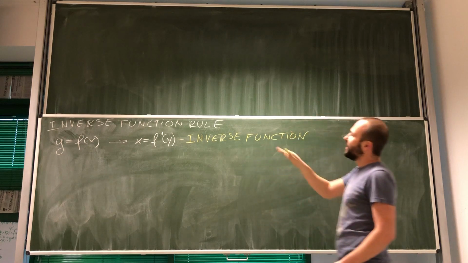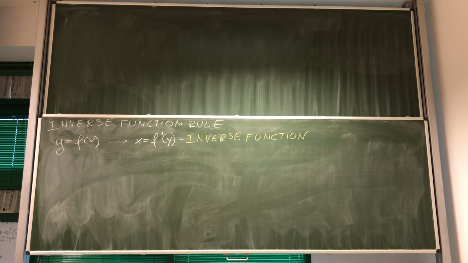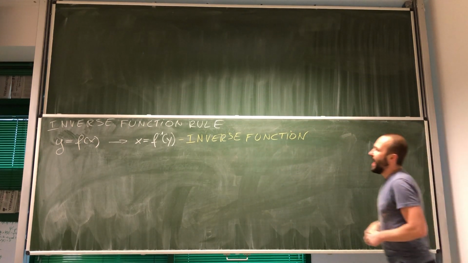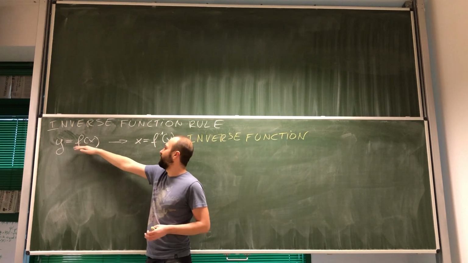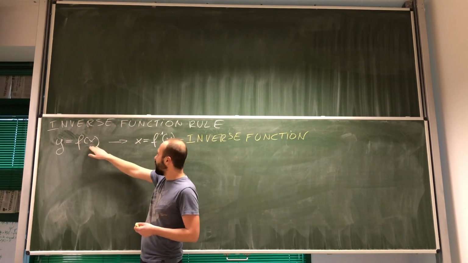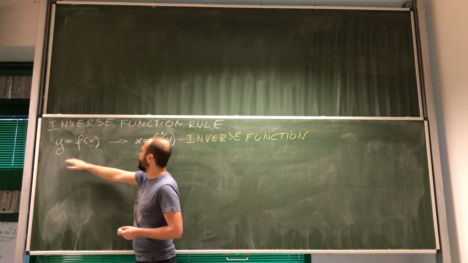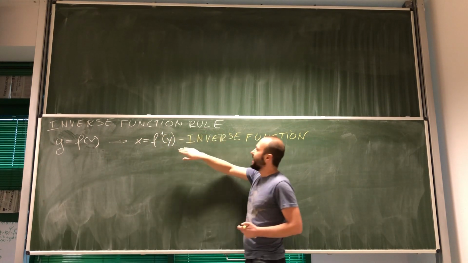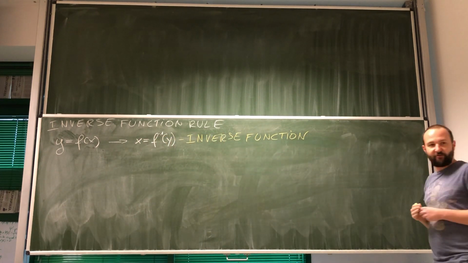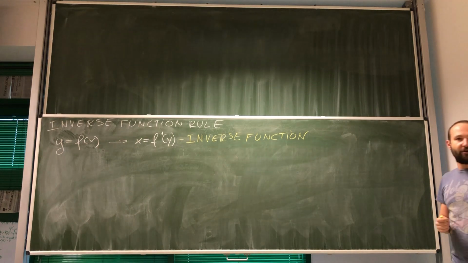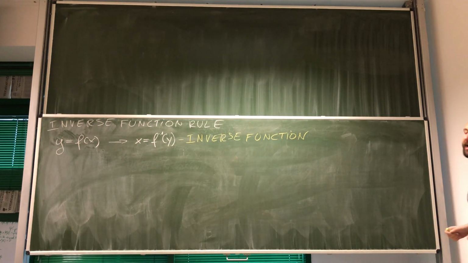Even by looking at this, we see what we need to do. Look, f is going to be a sum formula here, right? If we solve this equation for x, we're going to express x in terms of y, and now we will have a new function where x is a function of y.